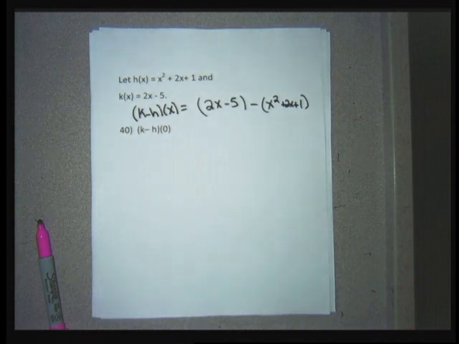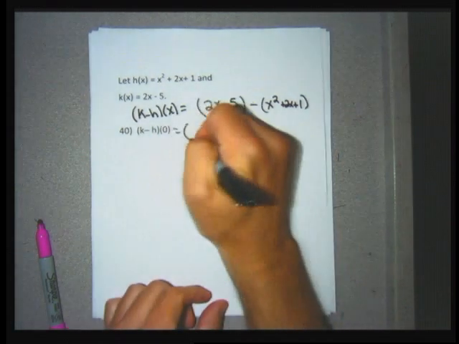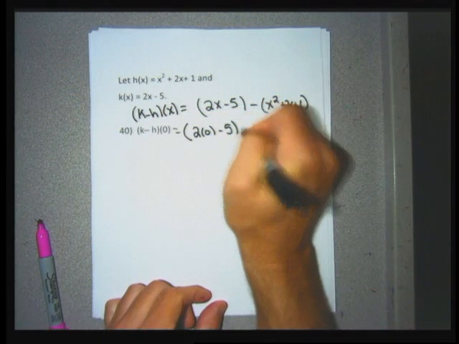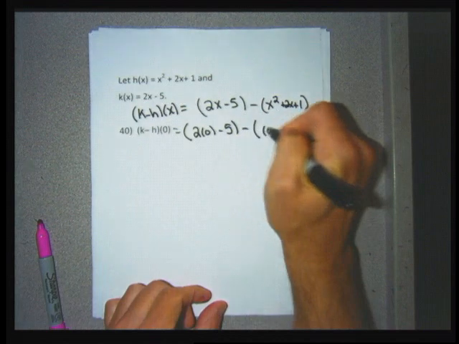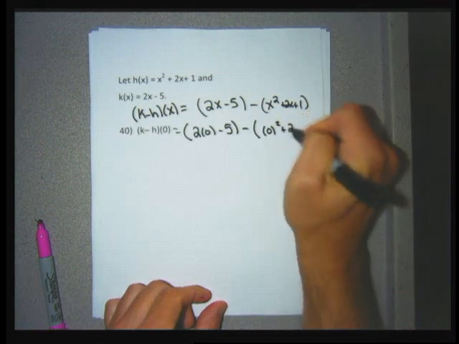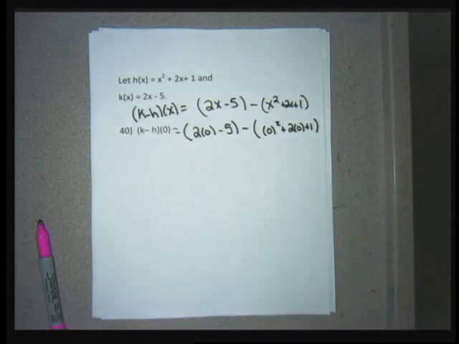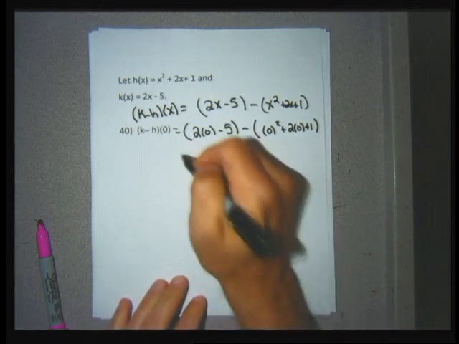Not going to simplify that because I'm allowed to plug 0 in for x, and it's going to be a lot easier to simplify when I change the x to 0, so I'm going to wait to simplify until I do that transformation of x to 0.